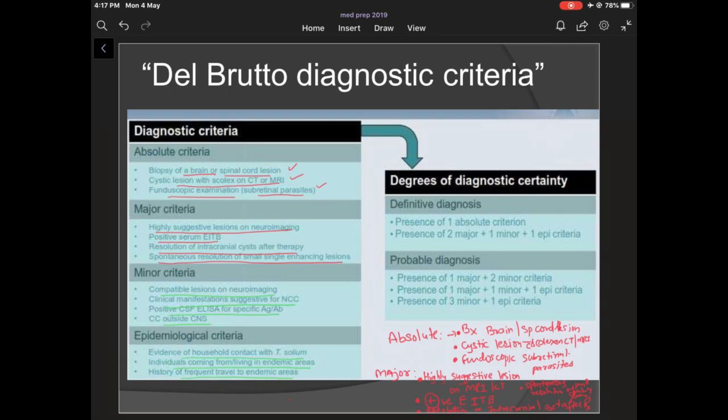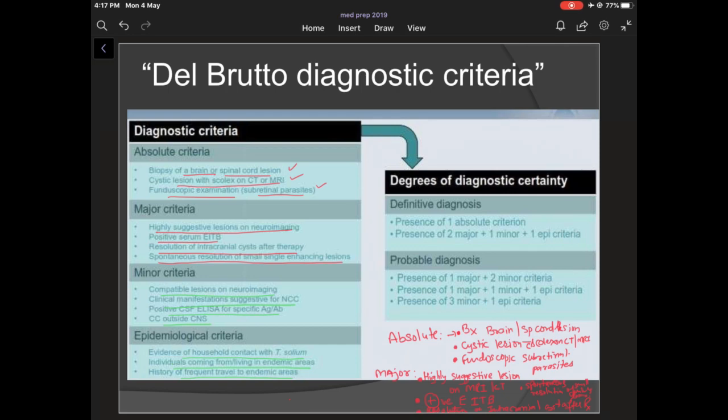Firstly, the biopsy of the brain or spinal cord lesion should be diagnostic. Secondly, cystic lesion with scolex on CT or MRI, meaning the imaging modality should be able to visualize a cystic lesion with scolex. Thirdly, the fundoscopic examination should show subretinal parasites.